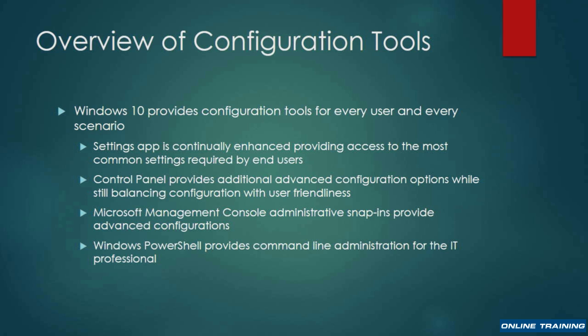Control Panel will provide what's needed beyond that, some additional advanced configurations. But Control Panel still balances configuration with user friendliness. Because it categorizes things, it's got some common tasks laid out. It still has, it seems, the end user in mind.